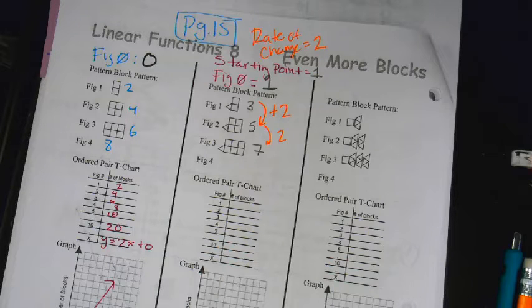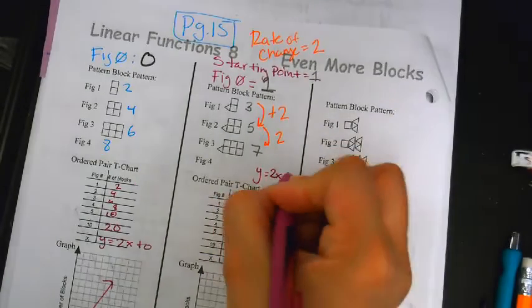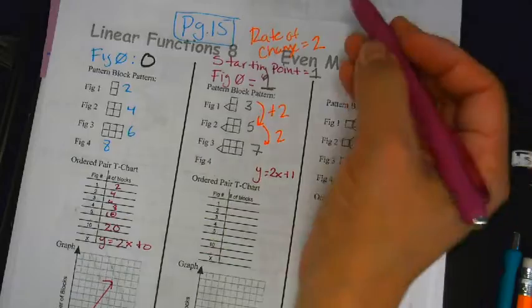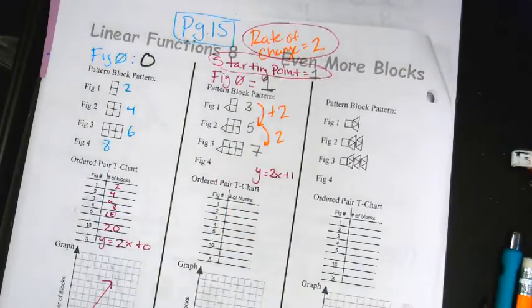So this is why it's very important that you get these two pieces of information, your rate of change and your starting point, so then you can plug it in here and here. What is my equation? Y equals 2x plus 1. Okay? So you need your rate of change and you need your starting point to write your equation.